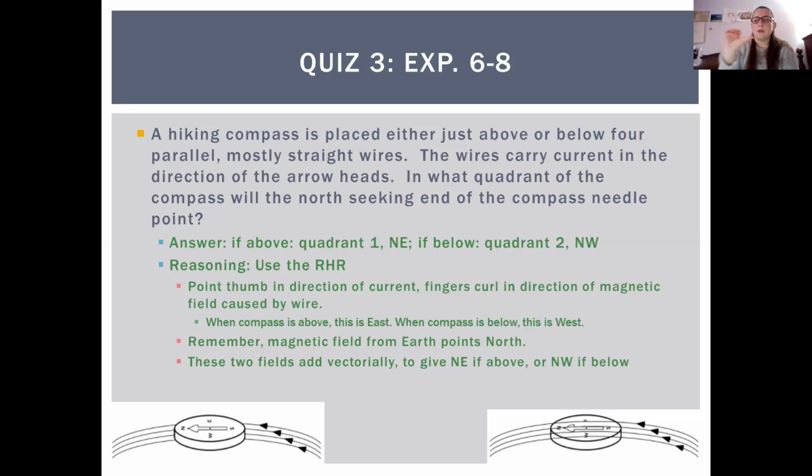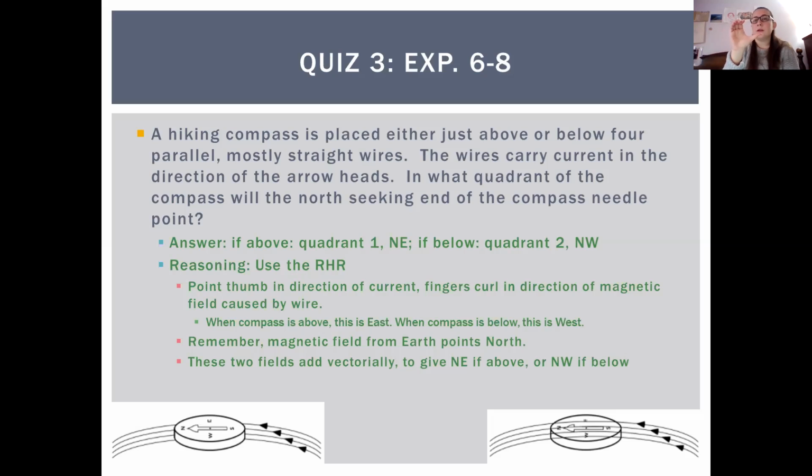So if my thumb is pointing in the direction of the current and the compass is on top of the wire, that means the field is pointing, if you actually do this along with me, away from you. So towards the computer screen, which means that the magnetic field is pointing to the east.